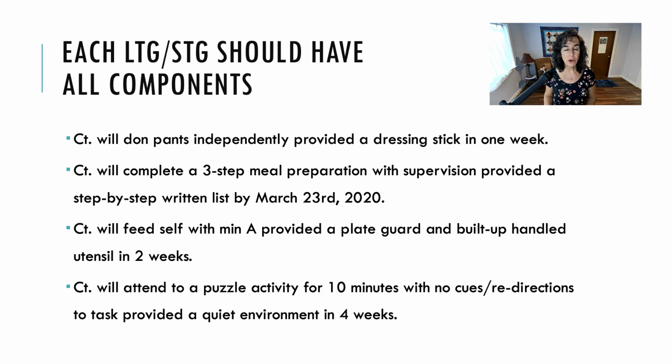Okay, so the client donning their pants independently is hindered because of something. But once we know that a dressing stick is needed, we know it has to be something that has to do with flexibility or dexterity or reach. So sometimes we just include it. And sometimes we have a condition that makes it evident, and you can go both ways.